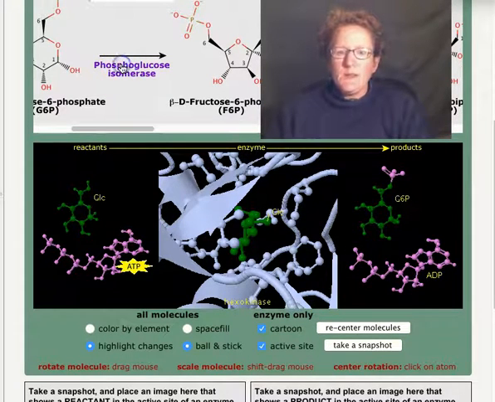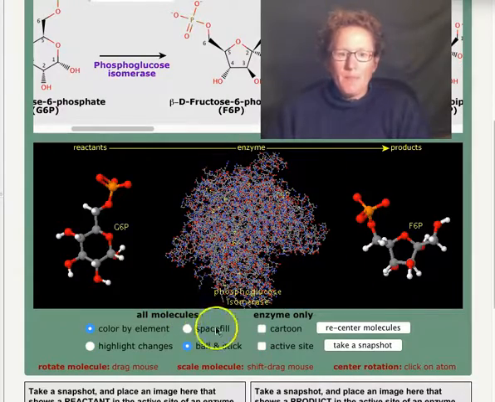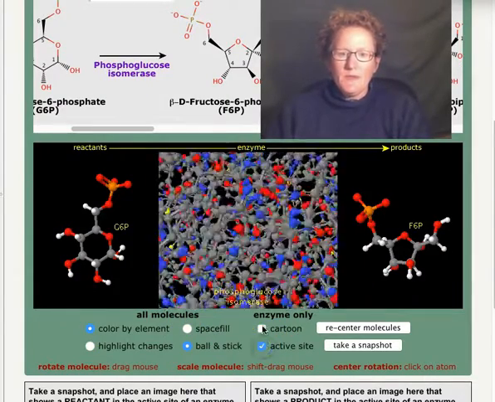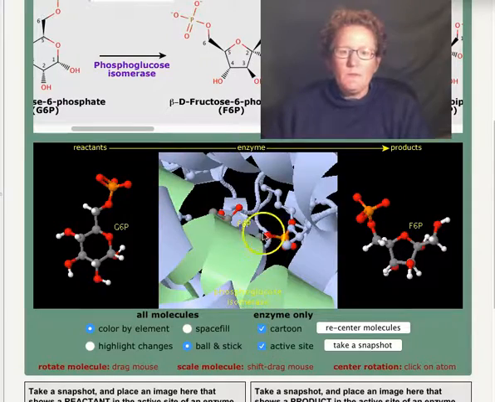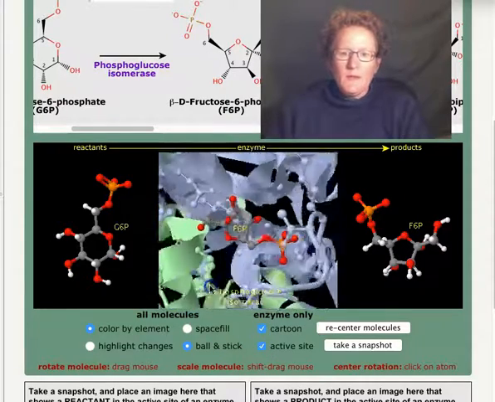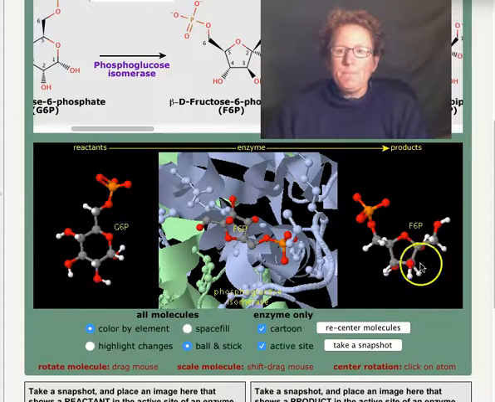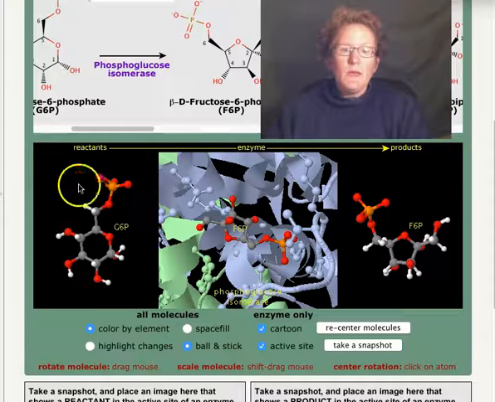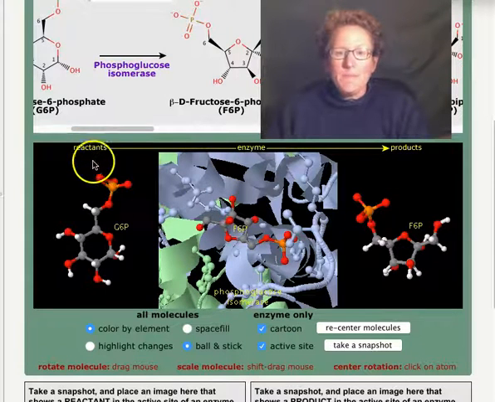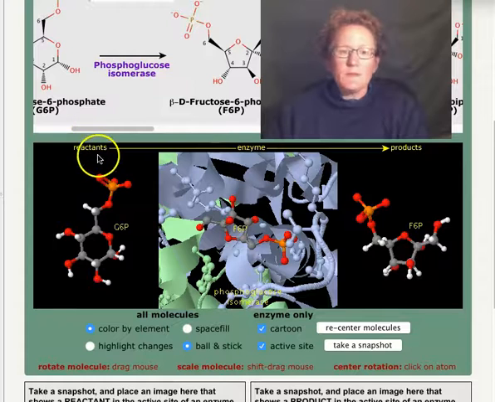Let's look at another enzyme here. We'll look at the active site, turn on cartoon, and we can see that here's a product. This is the end of the reaction. Products are ends of the reactions. Reactants are the beginnings, the ingredients.